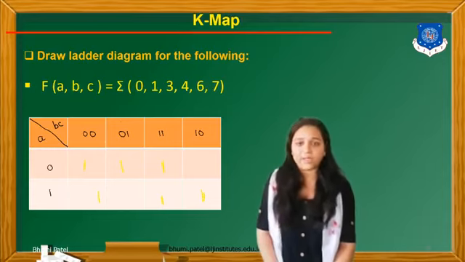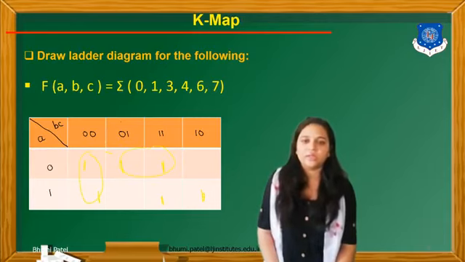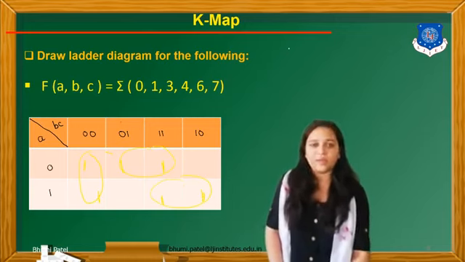Now we have to make the pairs. We can take this 2, 1, this 2, 1, and this 2, 1. So the equation will become like this.